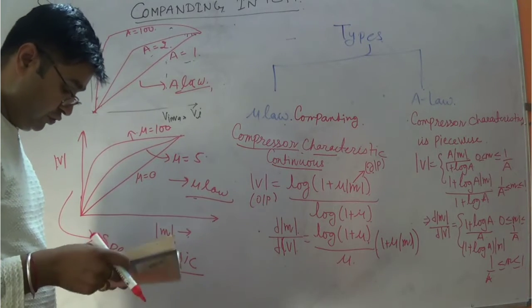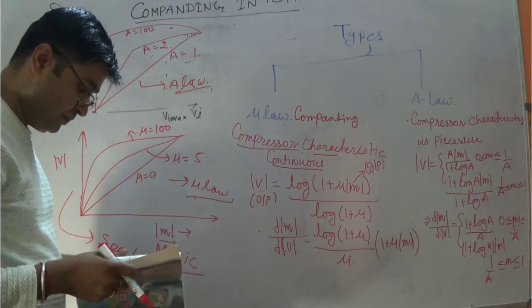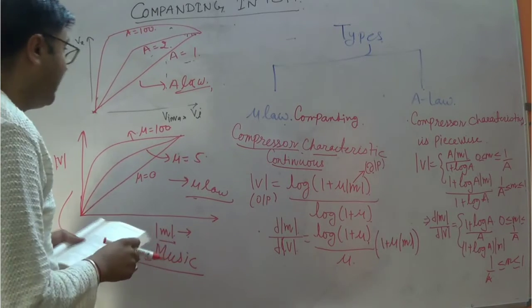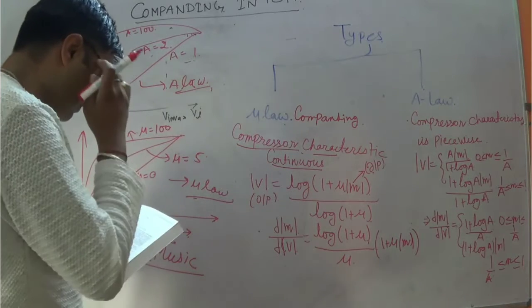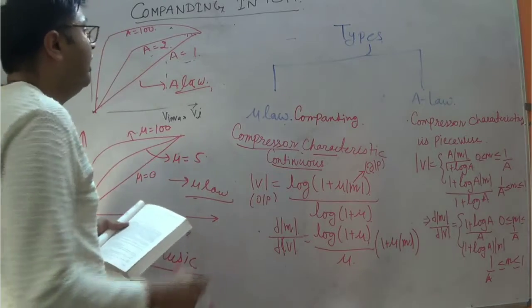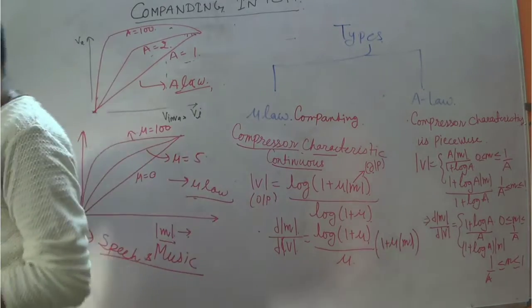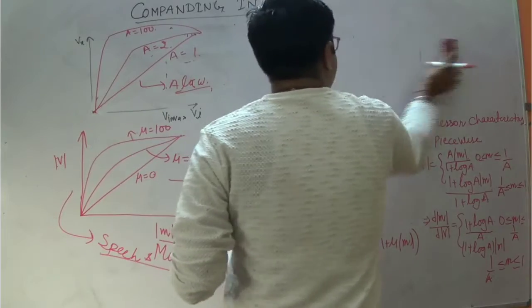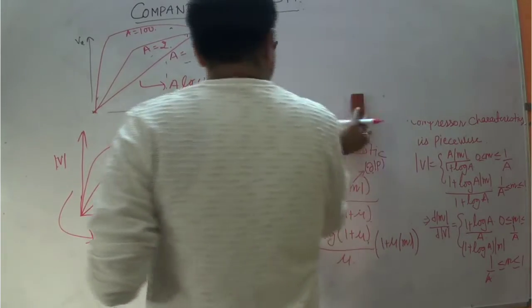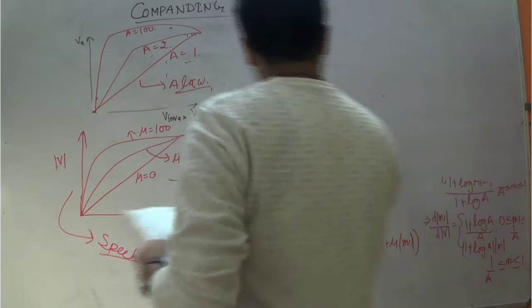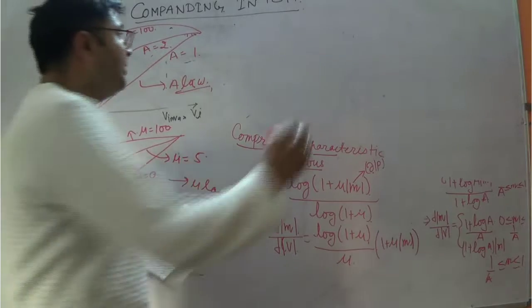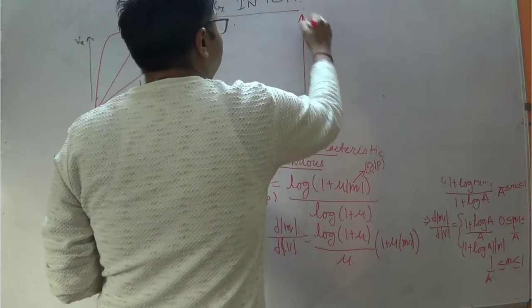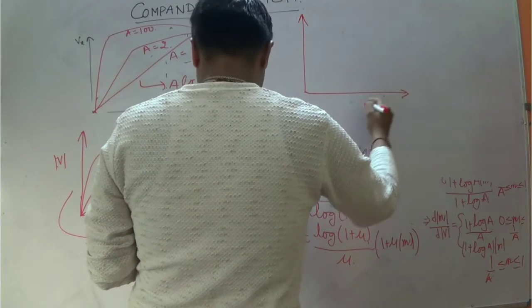Without companding, as we can understand, the PCM performance with mu law companding, if you want to understand the SN ratio of that particular signal, the SN ratio will be shown like this.